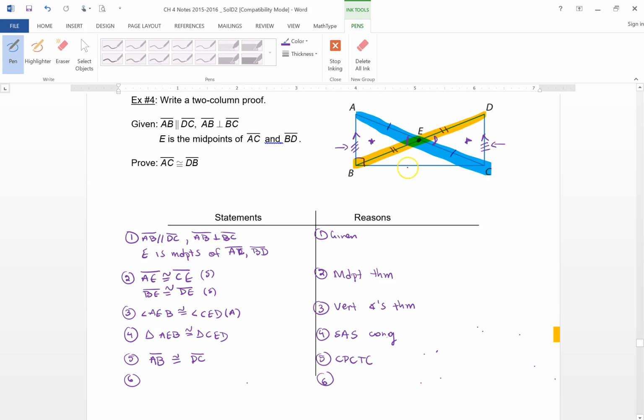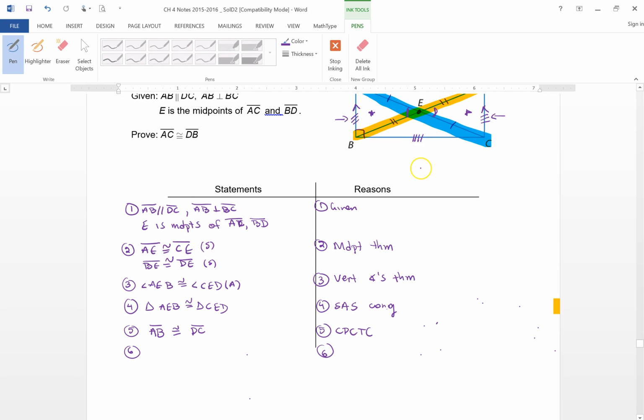This side is being shared by the two big triangles. So that's the fourth one now. BC is congruent to BC because of reflexive property. Okay? Now, for number 7. How big is angle ABC? It's a right angle, right? Why? Because those two lines are perpendicular.